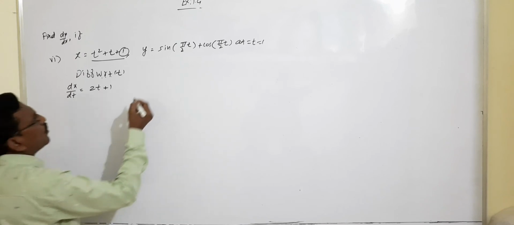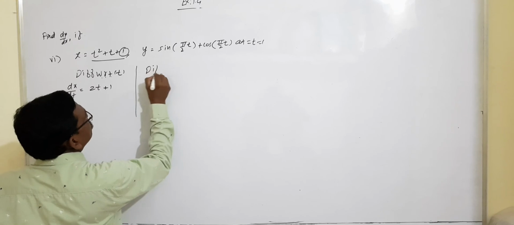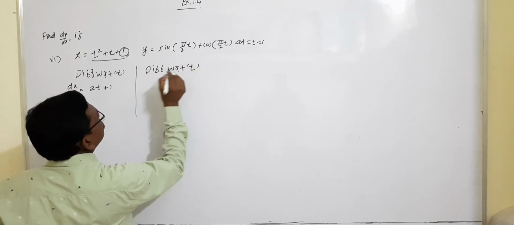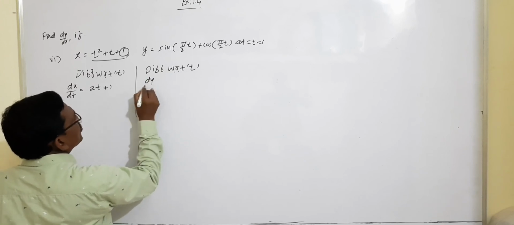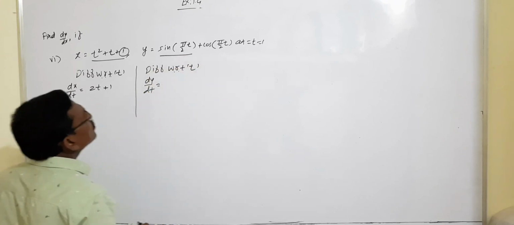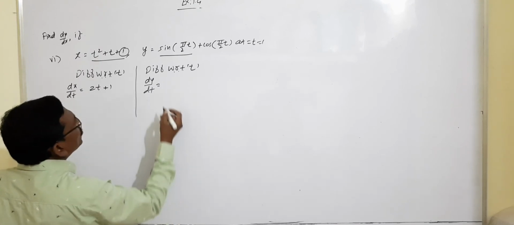Now we differentiate this also with respect to t. So the derivative of y with respect to t, dy by dt, is equal to the derivative of sine of pi by 2 into t.